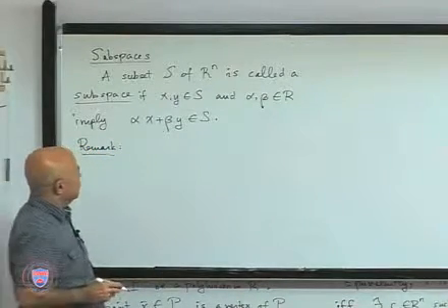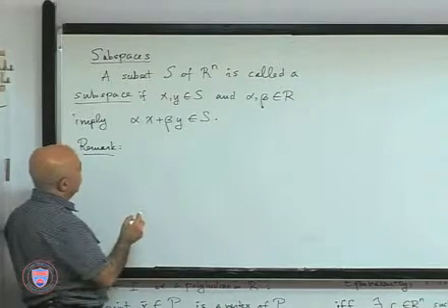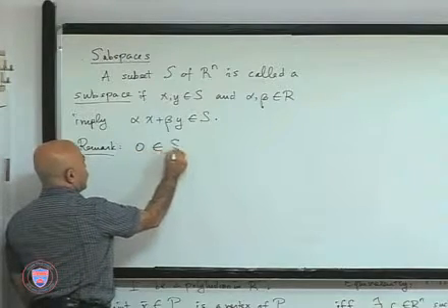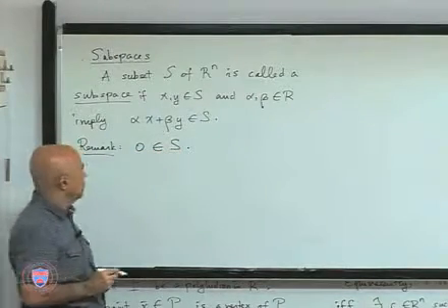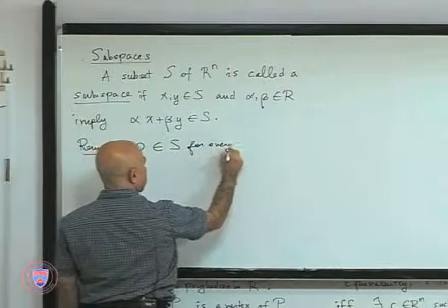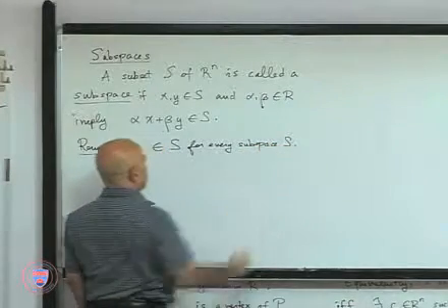Maybe I'll give you a few examples of this. This is really a straightforward definition, but there's one thing to remark here. The origin is always in S. Why is that true?